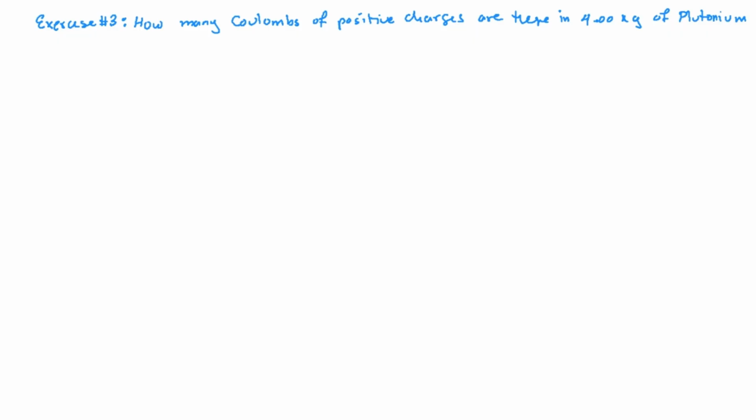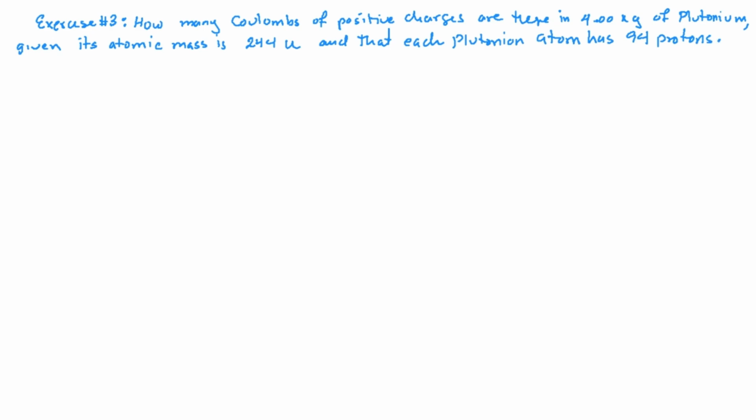Given its atomic mass is 244 U, and that each plutonium atom has 94 protons.